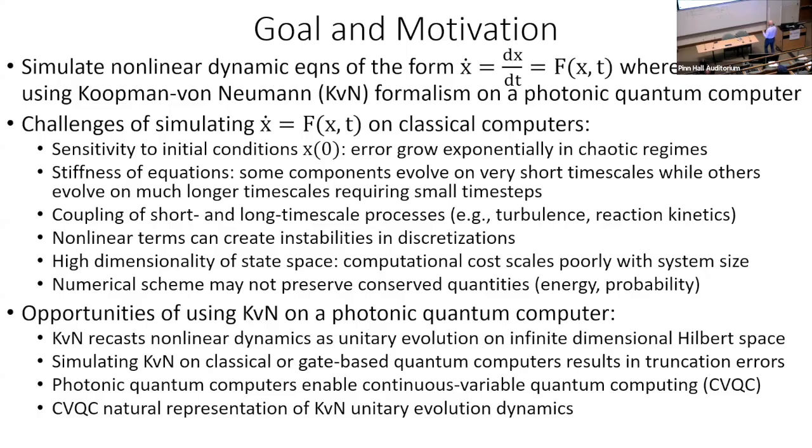People who have thought about infinite dimensions, 2 to the n, where n is like 100 qubits, that's big, but it's discrete, and that can still introduce errors in this framework, because the Koopman-von Neumann is really set up for infinite dimensional Hilbert spaces. So I'm just going to try to convince you that this is a natural thing, and I'm going to show you the nature of our collaboration.